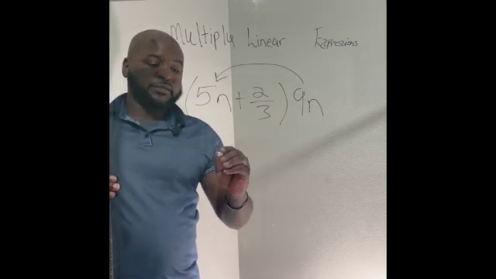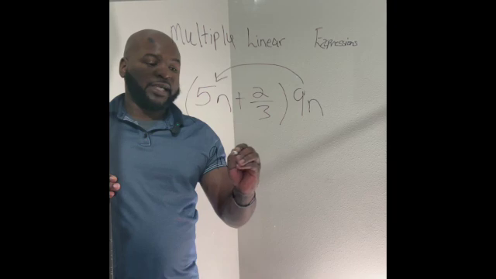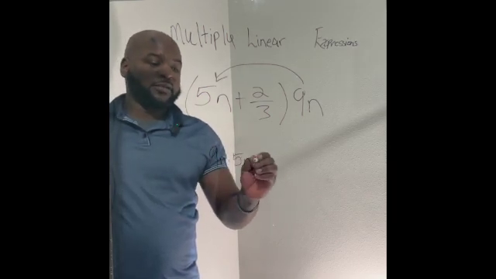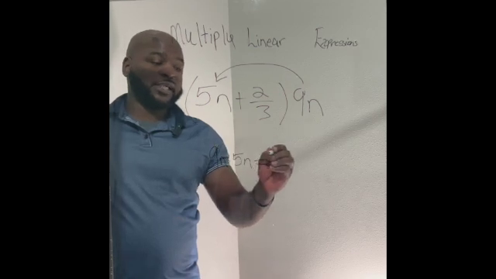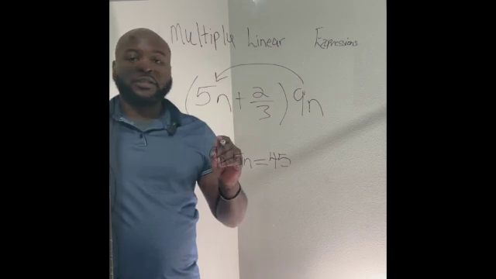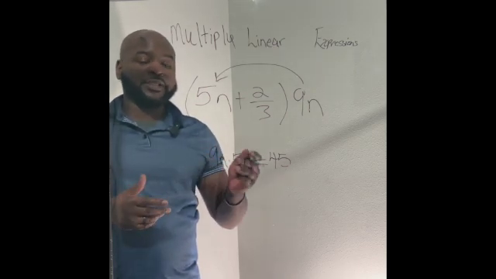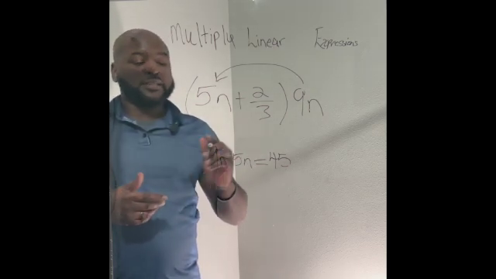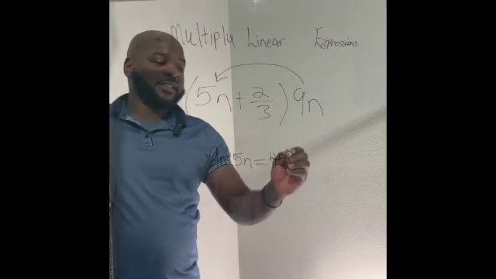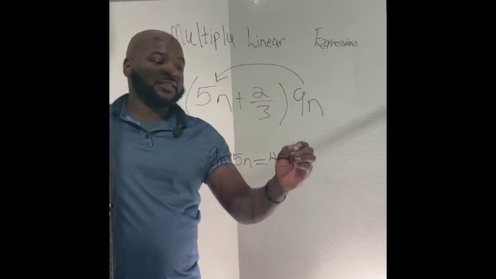So 9n times 5n, we're going to multiply, and that's going to equal 45. 9 times 5 is 45. But we also have 2n. So when we have 2n, that means that we have to multiply n times n. And since n is a variable and it's 2, that means it's going to be n to the power of 2.